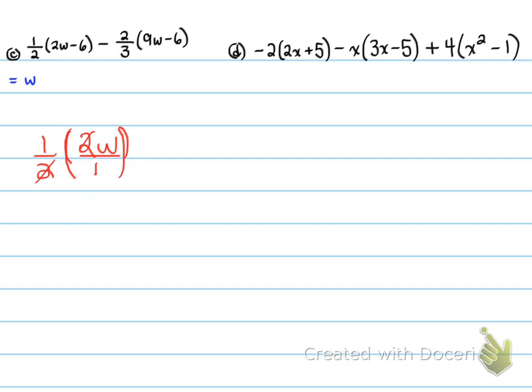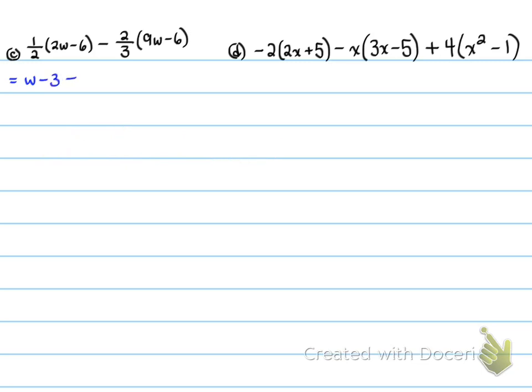For those of you that don't remember how to do that, we may want to multiply the numerators and multiply the denominators. And you can see that when you multiply the numerators and multiply the denominators, you get 2w over 2, which results in just w. And that, folks, is how the answer is just w for that first one.